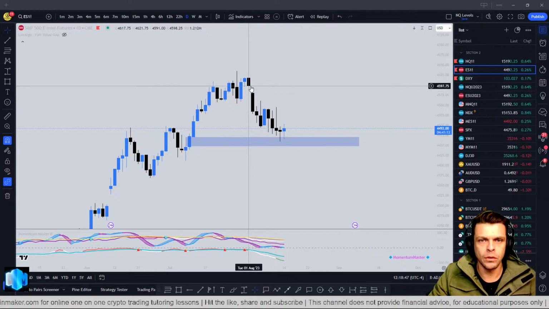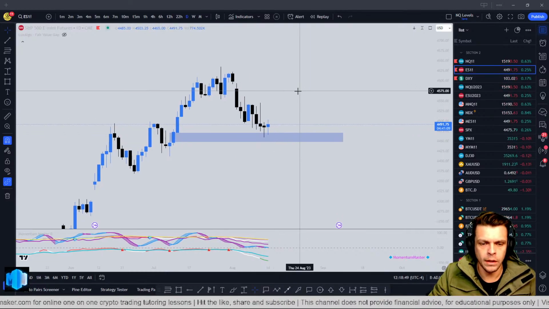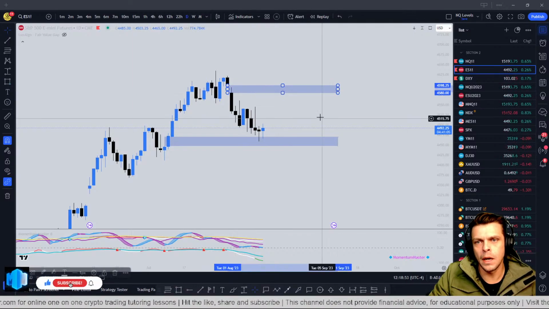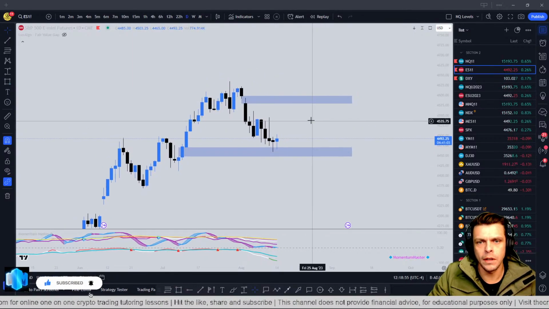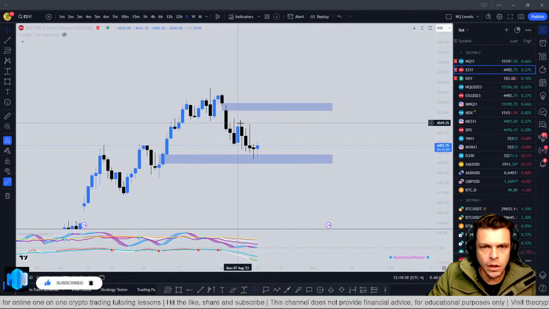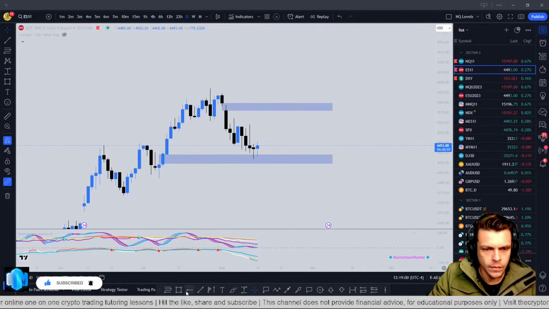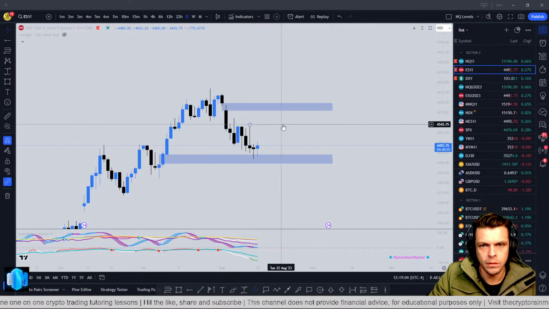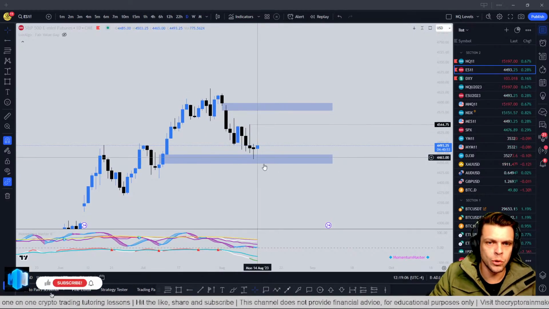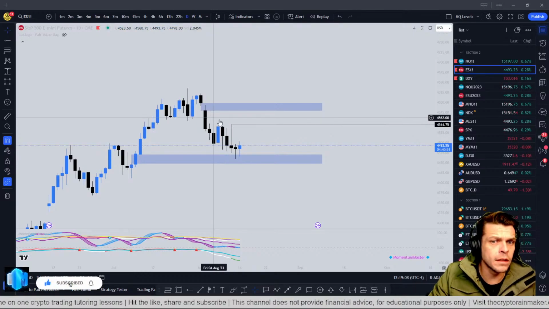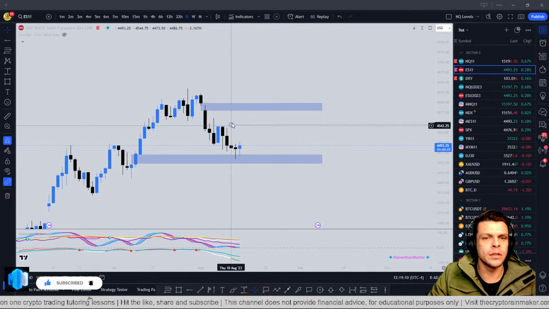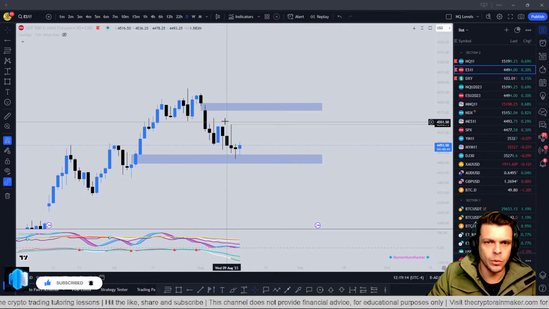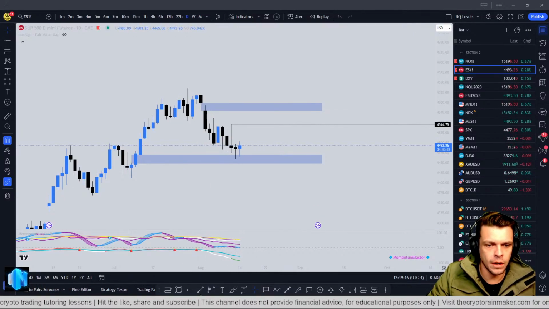And then if we look to do our top down analysis, we will see that we have this volume imbalance right there, and then we have these highs right here. So that is going to be our buy stop liquidity. People that went short will look at these highs as good places to put their stop losses, so there's going to be a bunch of liquidity built up above these highs.